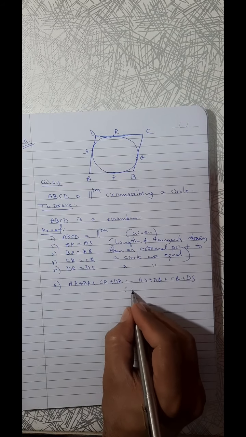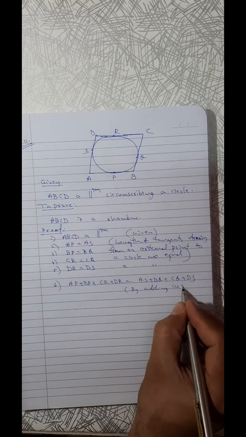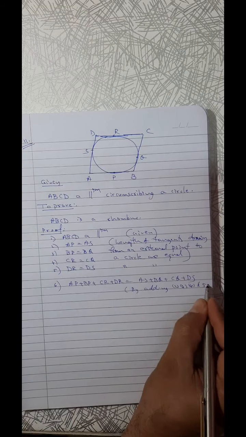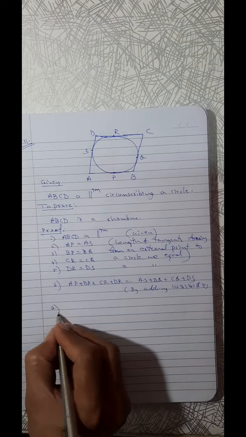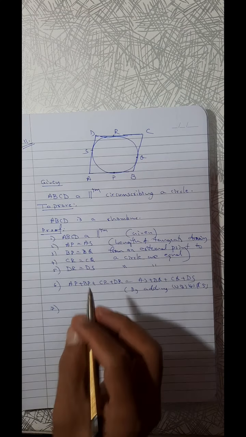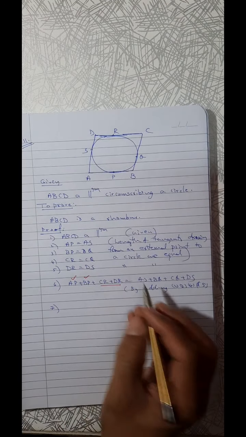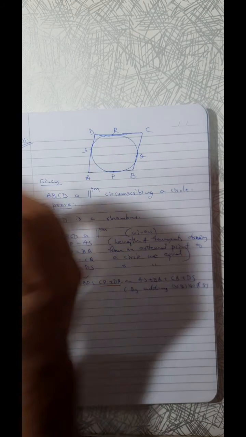By adding 2, 3, 4 and 5: AP plus BP is going to be AB. CR plus DR is going to be CD.